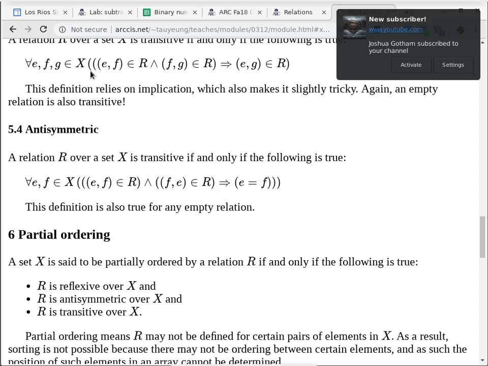So in normal comparison, can someone name a relation like that? In normal comparison, like less than, greater than, not equal to, that sort of thing, can someone name a relation such that if E is blah blah F and F is blah blah E, it implies that E and F are exactly the same thing?